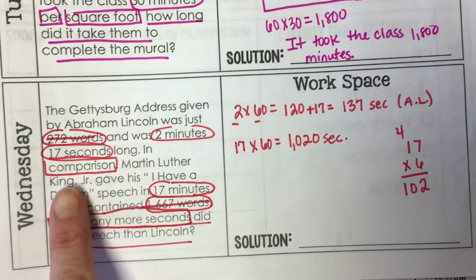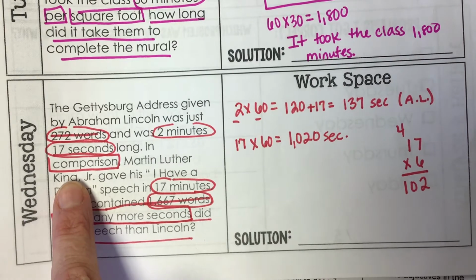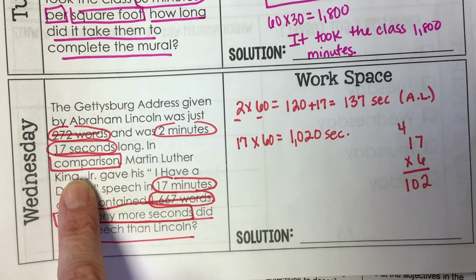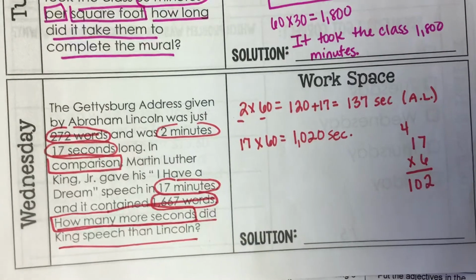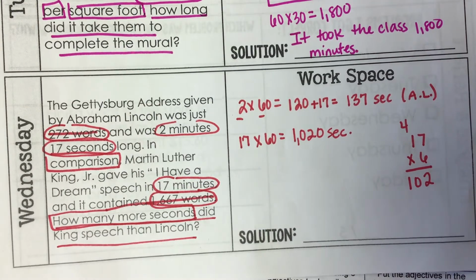In math, it can mean two different things when we see the words make a comparison. What are the two things that can mean in math? One of the things we might do is what, Harper? Subtract. When we're making a comparison, we subtract. How much taller? How much longer? How much faster? How many more?